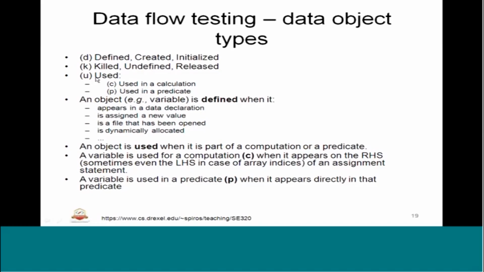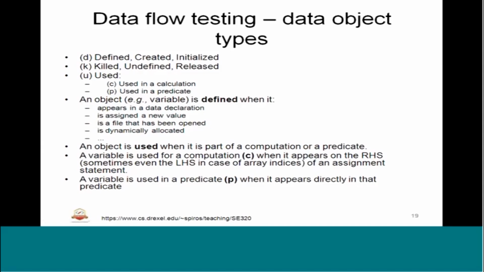U type of data object is used, so used in a calculation or used in a predicate. An object that is a variable is defined when it appears in a data declaration or is assigned a new value, or a file that has been opened is dynamically allocated, etc. So all those are called objects. There is definitely a requirement for this, and against the objective of that particular variable or object, as per the definition, we need to test it.